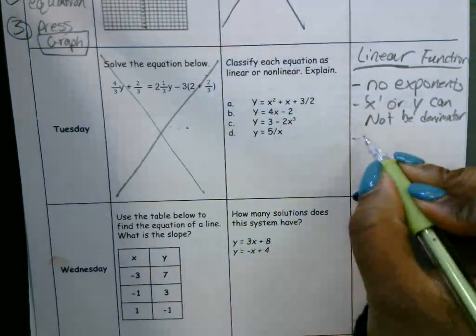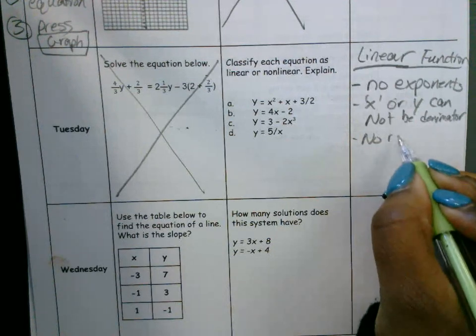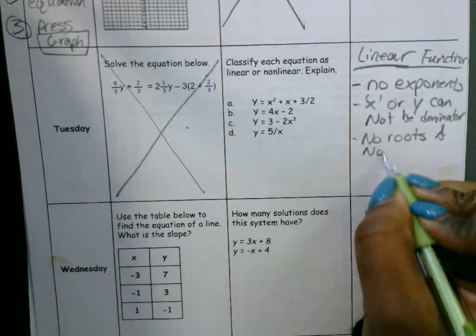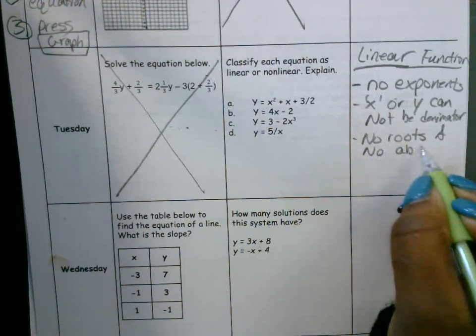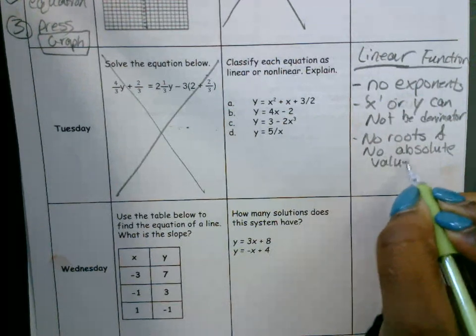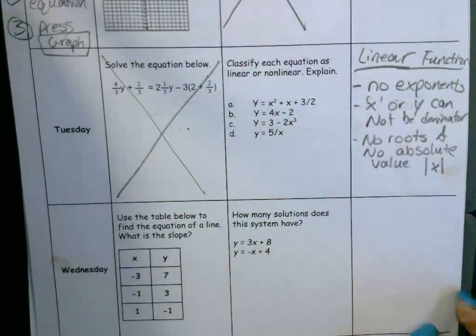No roots, no square roots, cube roots in the equation. And no absolute value bars. The absolute value bars look like two lines, and it might have a number or so in the middle. You can't have that.